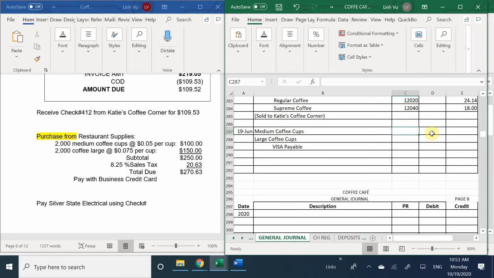I would base it on the amount, $8.25 for the medium, and then the difference for the 150. So I got $8.25 for the medium cups. So it'd be 108.25. Good. And then it will be 162.37 unless we're rounding.